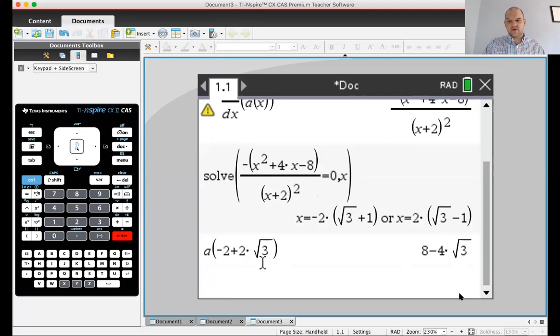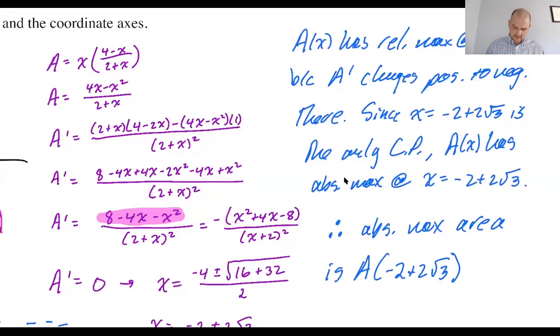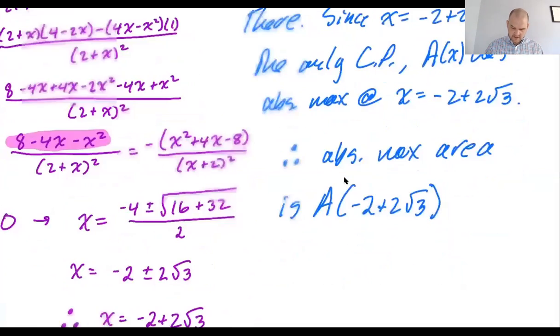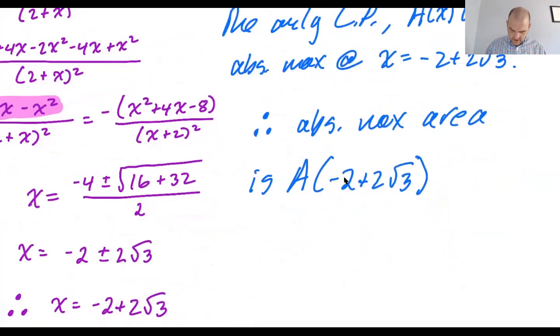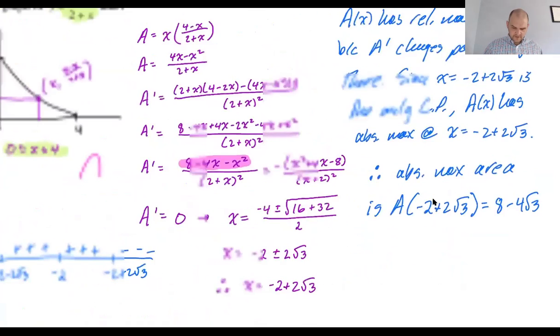Let's go back to the notes, write that in, and then we'll be done with this page. And we'll move on to the next page, which, if I'm not mistaken, is the last page of the math analysis notes, which is utterly insane. 8 minus 4 root 3. Okay, how did we get that? We use a calculator because we're not crazy people. All right, so there's our answer.